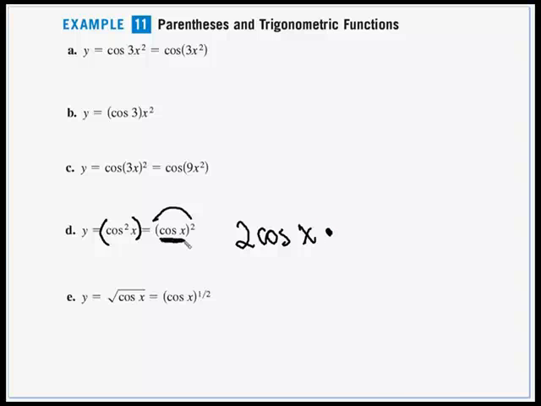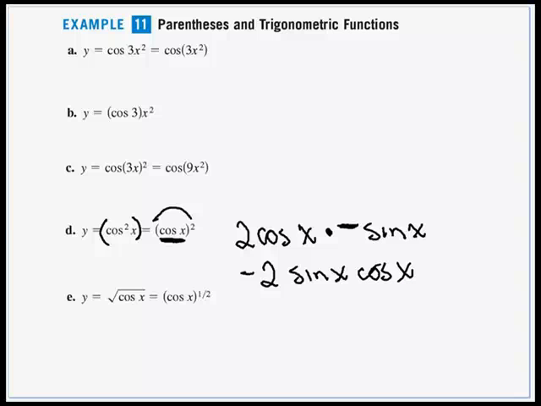Here's our inner function cosine. Derivative of cosine is negative sine x. And I guess we can just pull this negative out front with the 2. Negative 2 times sine x cos x, or you could write cos x sine x. It doesn't matter.